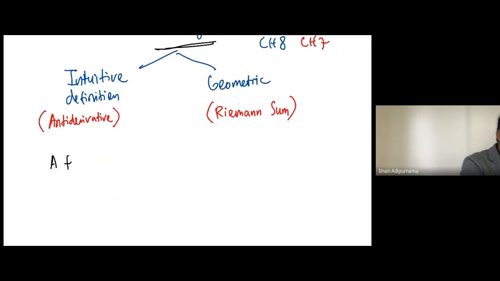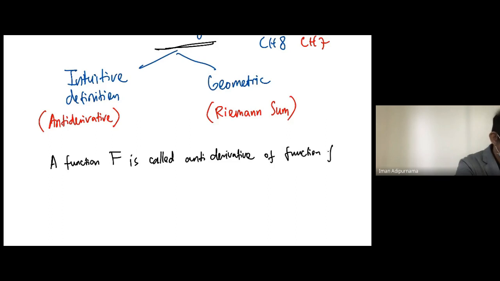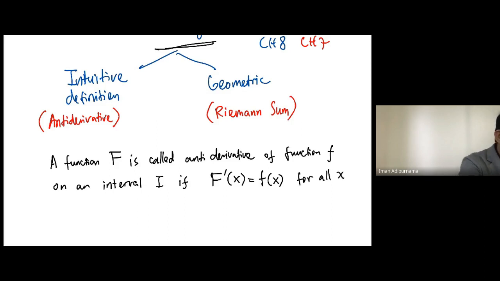So a function, let's say a function with a big capital F, is called an antiderivative of a function small f on some interval I, if the derivative of the big F is equal to f of x for all x on the interval.